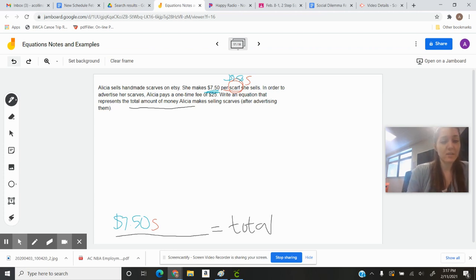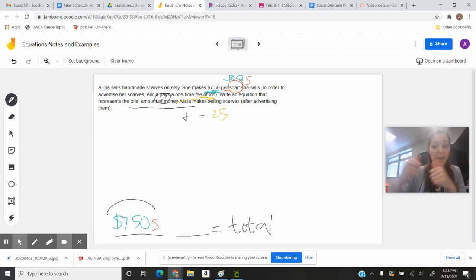All right. In order to advertise her scarves, Alicia pays a one-time fee of $25. So anytime you see a one-time payment or one-time fee, that's a pretty good indicator that that's the constant. Now we need to figure out if this $25 is going to be adding to the total or taking away from the total. So she makes money by selling these scarves, but then she has to pay to advertise.